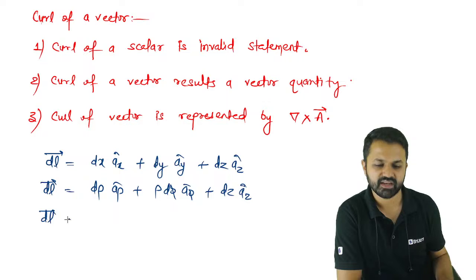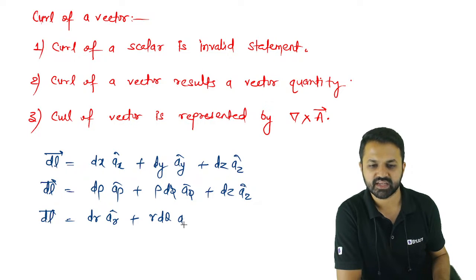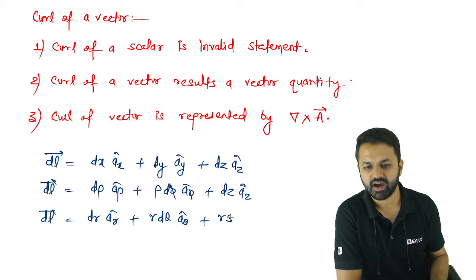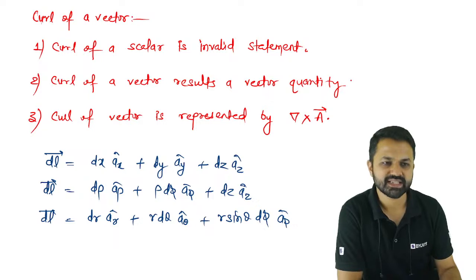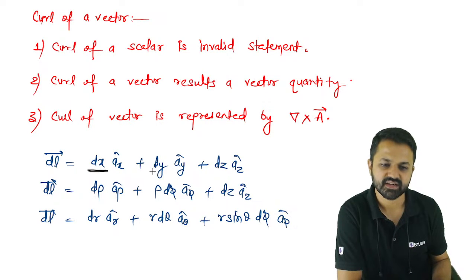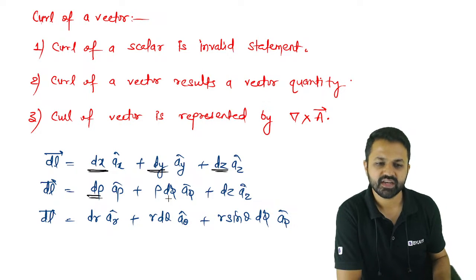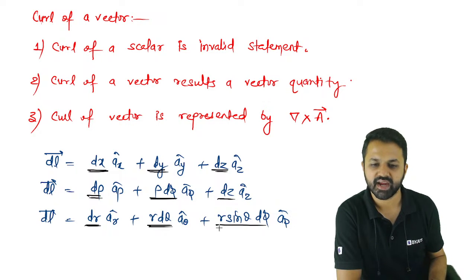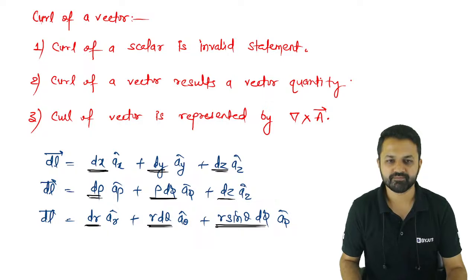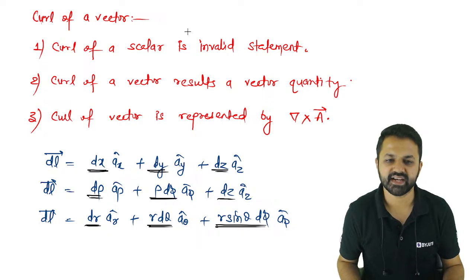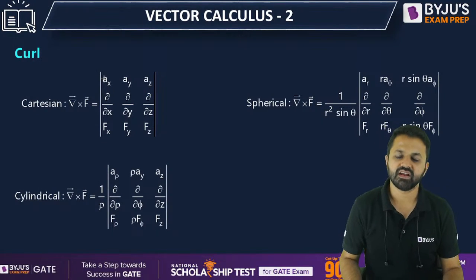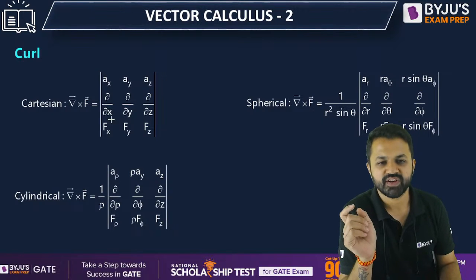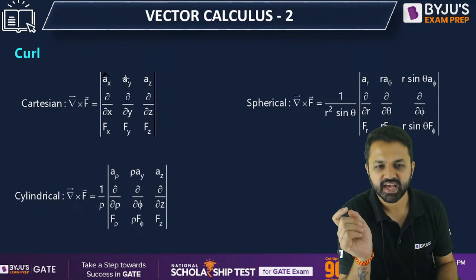In the spherical coordinate system, this is dr, r d theta a theta, and r sin theta d phi a phi. Now let's underline the coefficients: dx, dy, dz, d rho, rho d phi, dz, and dr, r d theta, and r sin theta d phi. Now let's write the curl. You have to write the curl in the form of a determinant: ax, ay, az.